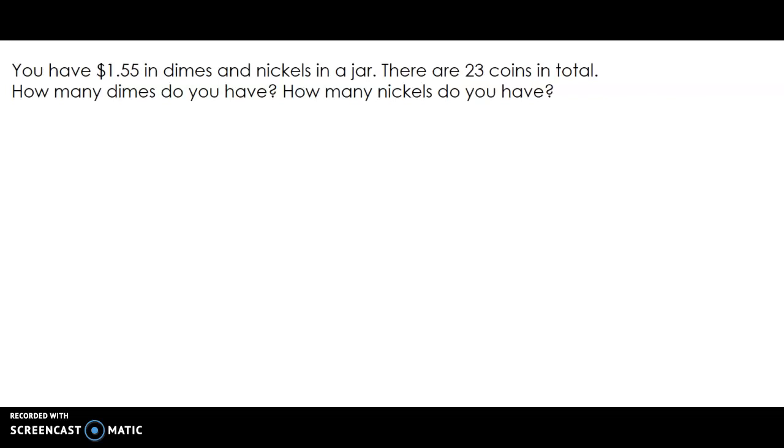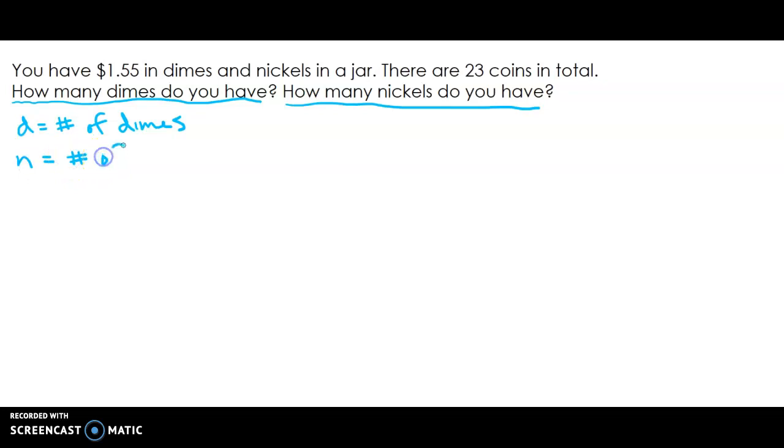And so again, in this problem, the question we are trying to answer is how many dimes do we have, as well as how many nickels do we have. And so I'm going to pull my variables from there. I know ultimately I'm trying to find a variable D that represents the number or quantity of dimes, and a variable N that represents the number of nickels.